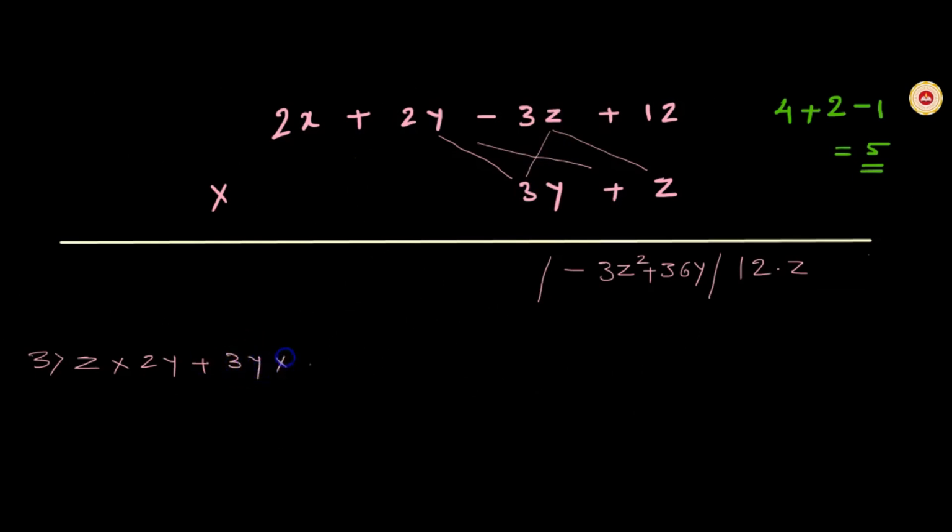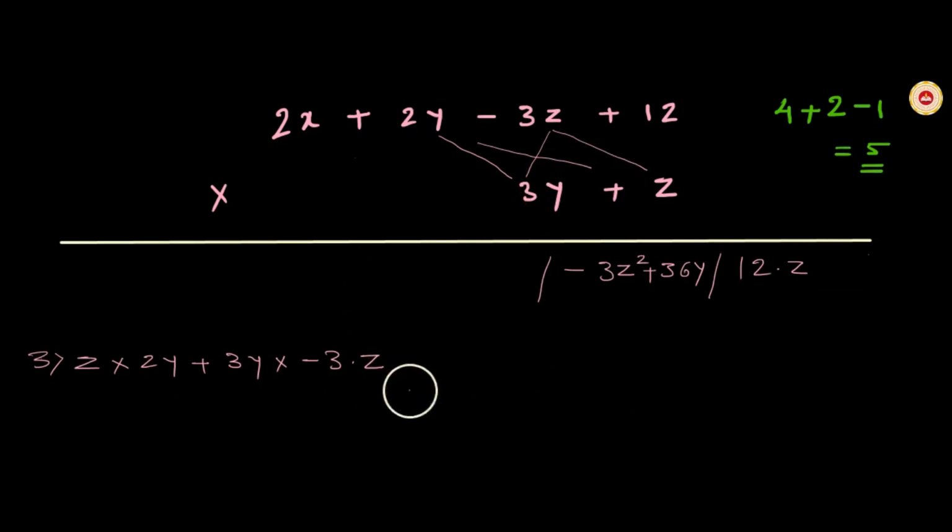See friends, multiplicand and multiplier contain a different number of terms. This is the procedure for such multiplication examples, when multiplicand and multiplier contain different numbers of terms.